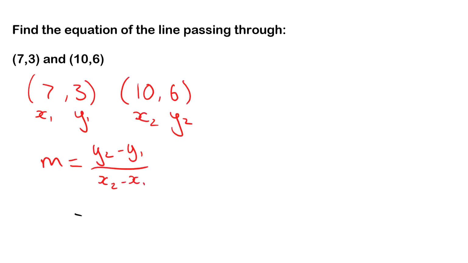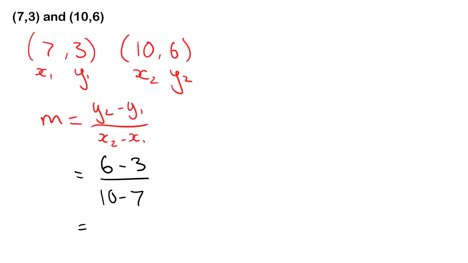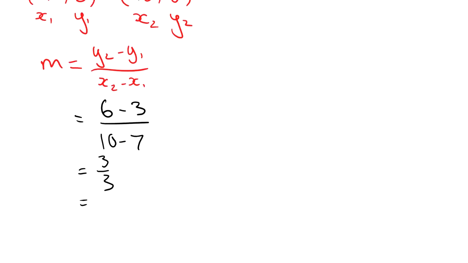So let's find this by substituting those values in. So y2 was 6 minus my y1, which is 3, and then 10 take away 7, which ends up being 3 over 3, which is 1.